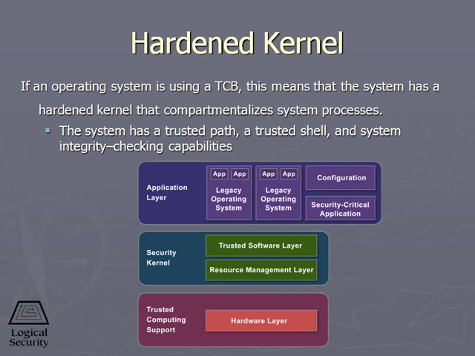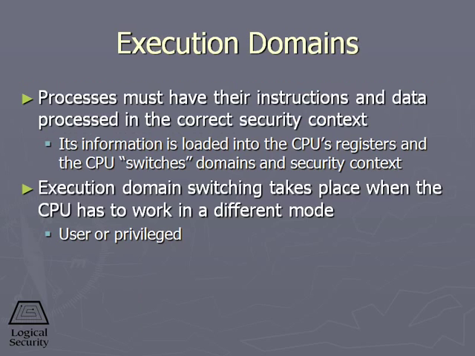Because if a bad guy can get between the subject and the kernel and inject his malware or violate the confidentiality or integrity or availability of the information, then the TCB is of no value. It's been exploited. So again, we need trusted path, a hardened perimeter, and system self-protection.